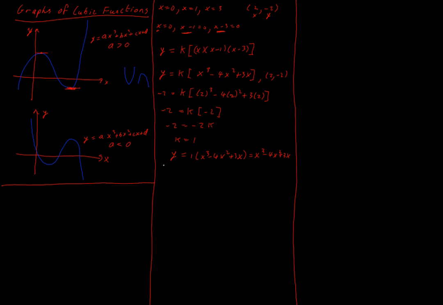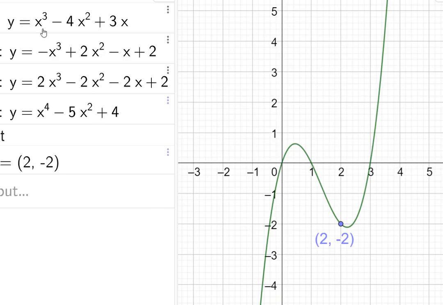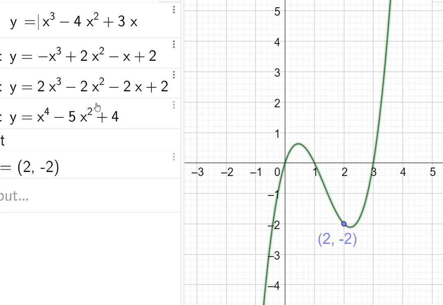Now, one might wonder why I bother with the k if it's just going to be 1. So what we're going to do is show how we can have the same roots. We're going to switch back to GeoGebra for a moment. I'm going to multiply this function by 2.